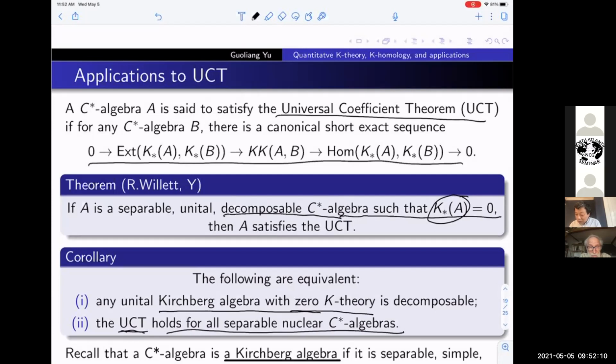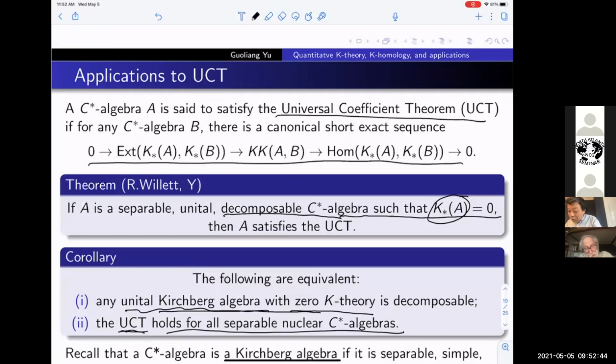By work of Kirchberg, the UCT for nuclear C*-algebras is equivalent to proving that a unital Kirchberg algebra with trivial K-theory is decomposable. That's a consequence of this theorem, and also a theorem of Kirchberg, essentially.